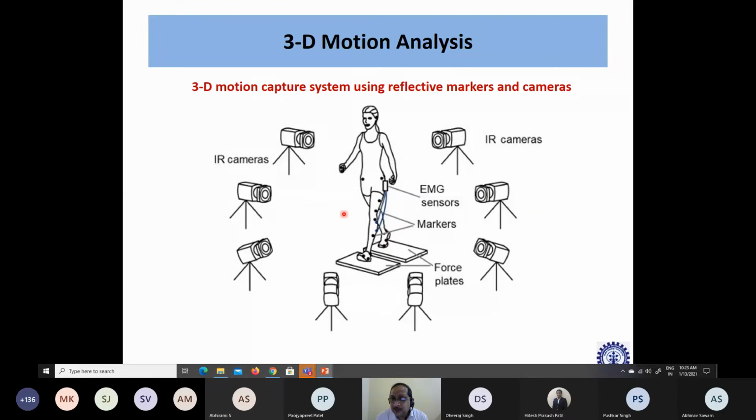So the markers are the key that define a segment of a body, and then using the computers and the software, we can analyze the movement of the markers.